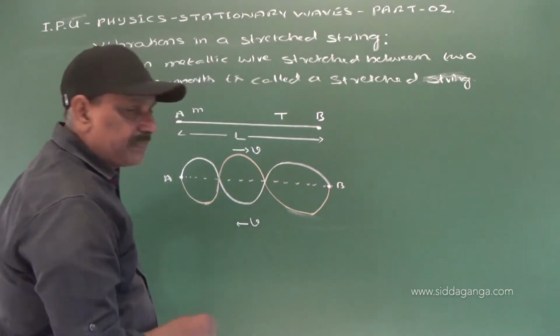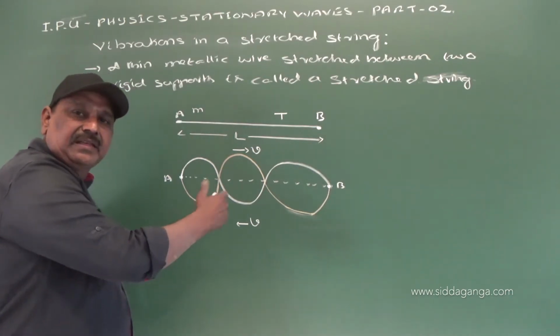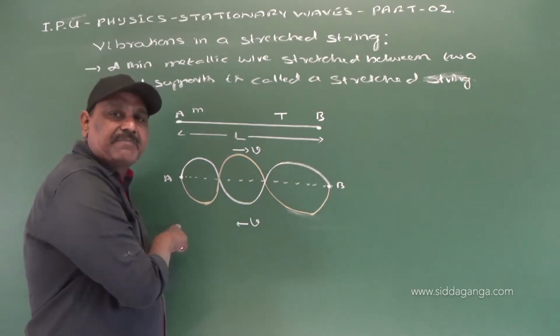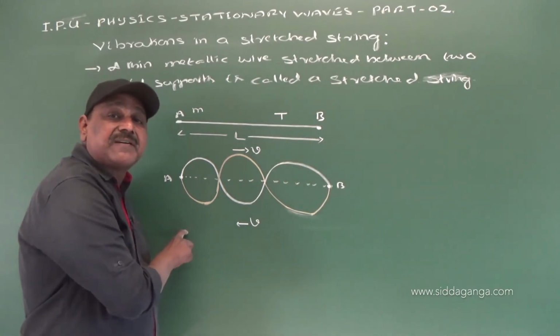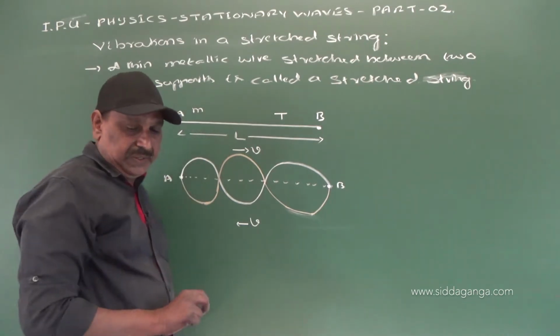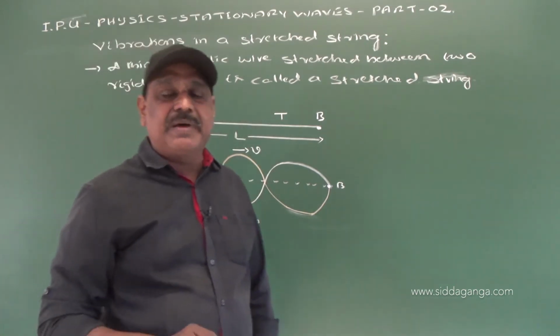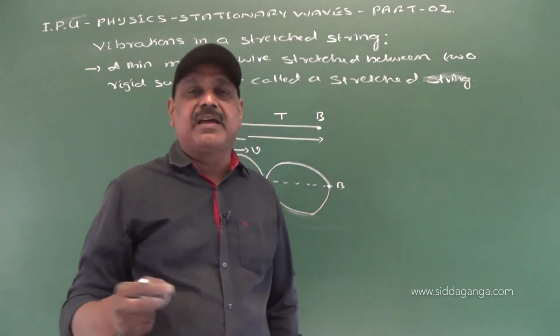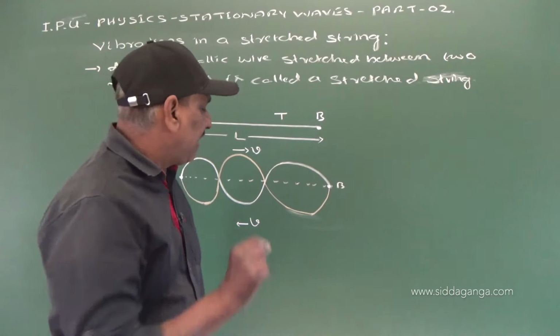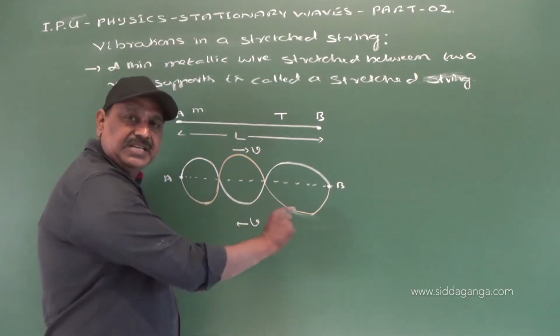Now the string is vibrating with a number of loops. These vibrations are called transverse vibration of a stretched string. So the sounds produced by stringed instruments like veena, guitar, etc. are due to transverse vibration of this stretched string.